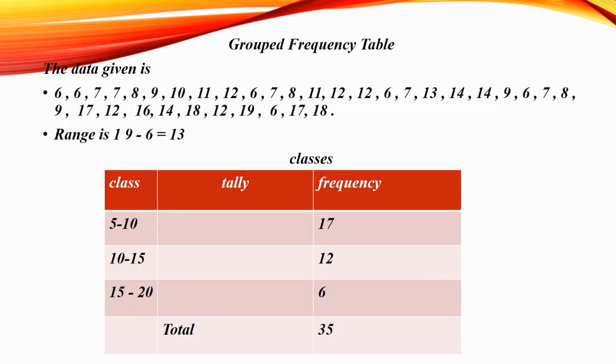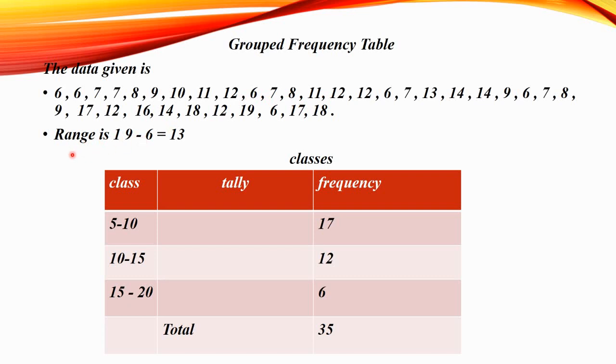Now here we will be learning about a grouped frequency table from an ungrouped frequency table. The data given here is 6, 6, 7, 7, 8, 9, 10, 11, 12, 6 and so on. The highest number is 19 and the smallest number is 6.